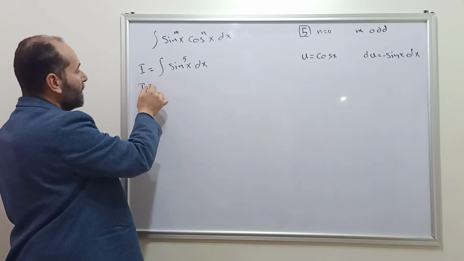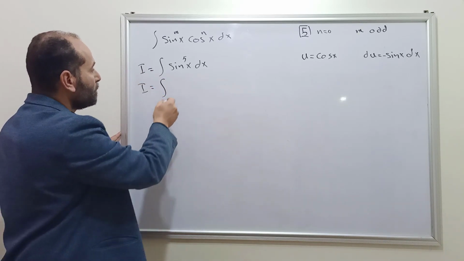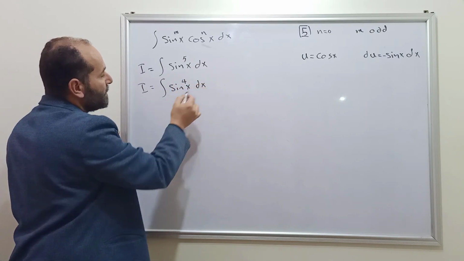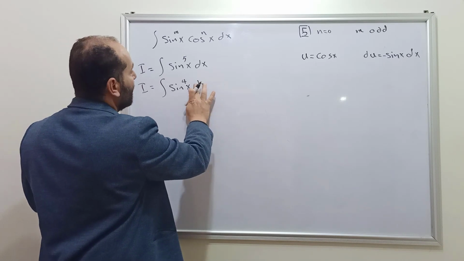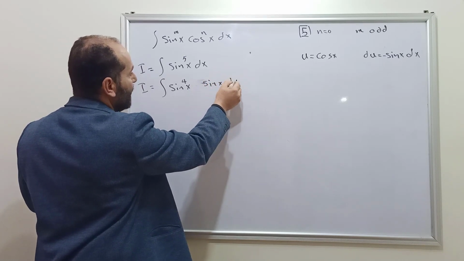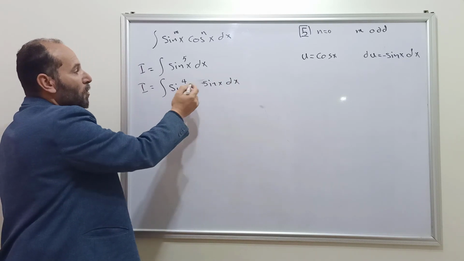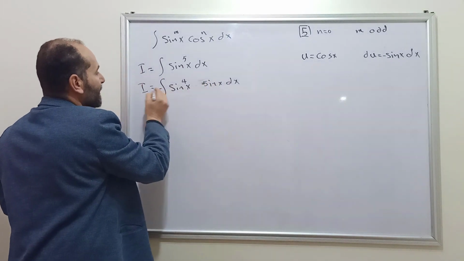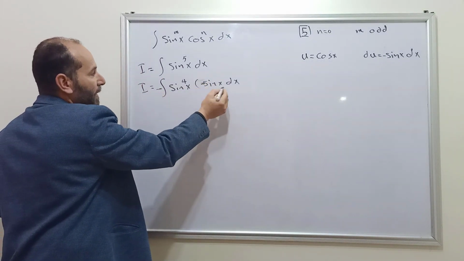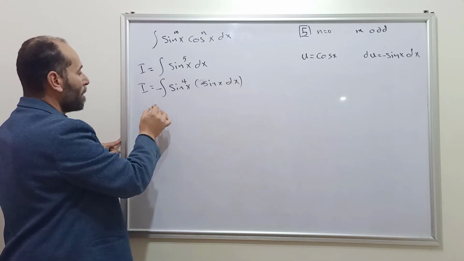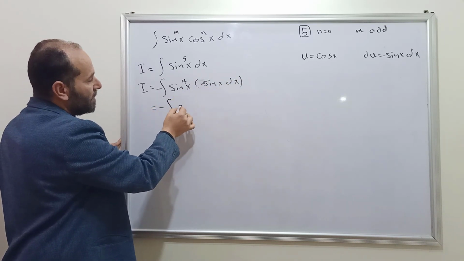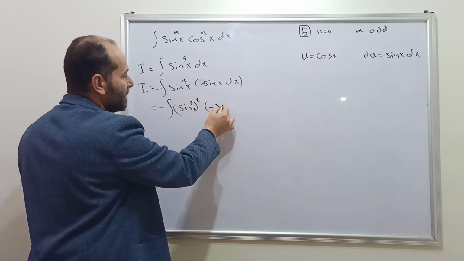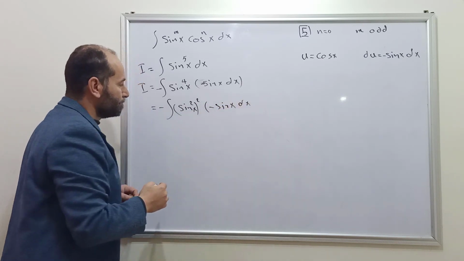To find I, equal to the integration of sine power 4 x times sine x dx. We need a negative here to find du, so we multiply here by negative and here negative. Negative the integration of sine squared x whole power 2 times negative sine x dx.